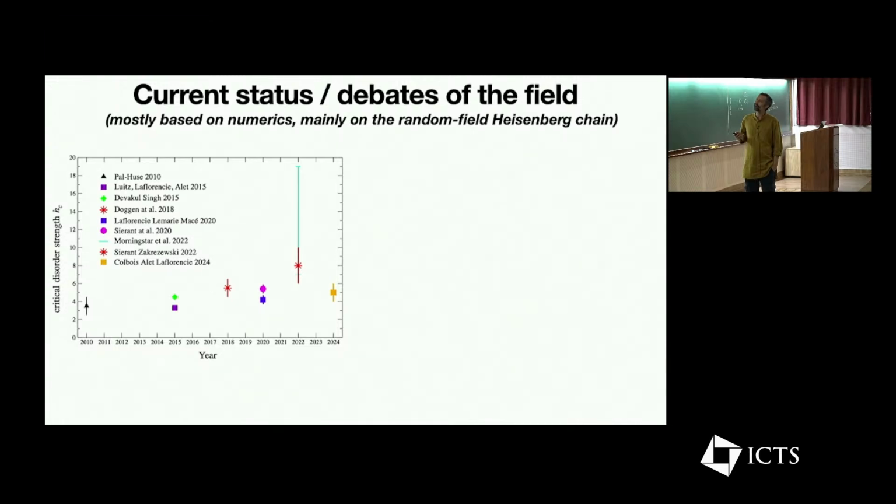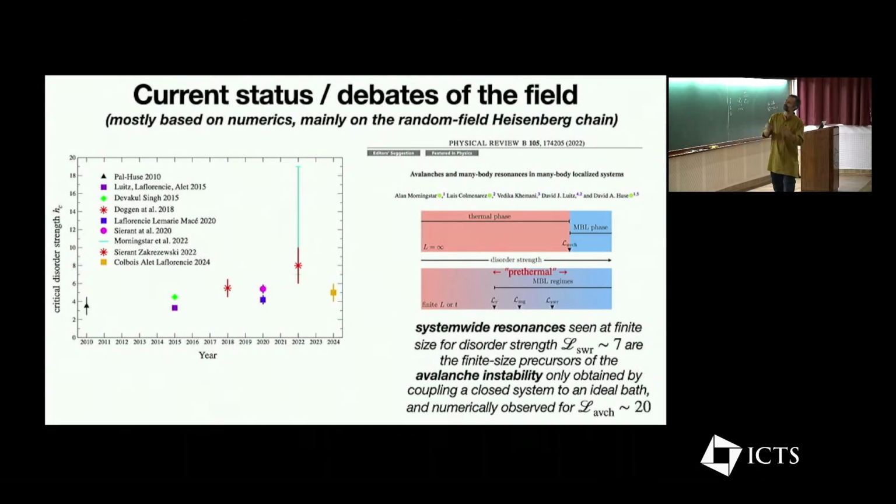And this blue big error bar, well, it's not an error, of course. This is a range of different estimates. It came from the Colmenares, Kemani, Luiz, and David Hughes paper, where they described what we think to be the MBL regime on finite systems as a series of landmarks where, depending on what you look at, you think you observe MBL transitions.